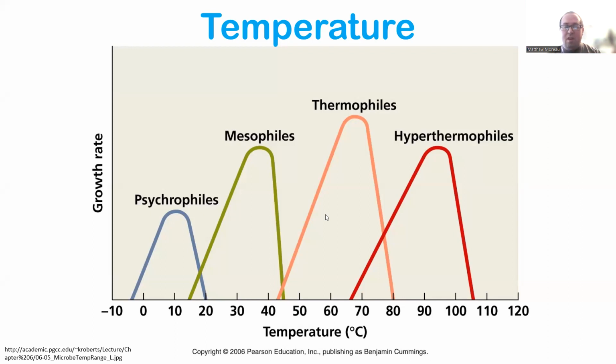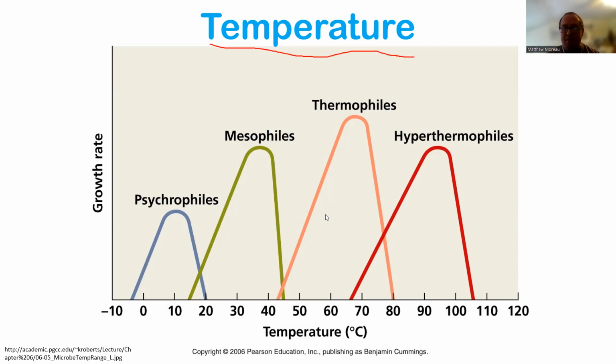So this isn't about where the highest number of cells are. This is the most number of cell divisions. So the optimal growth rate is equivalent to what conditions exist for the number of cell divisions to be at its maximum. So the first thing that we're going to talk about is temperature.